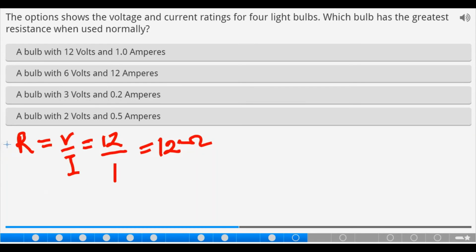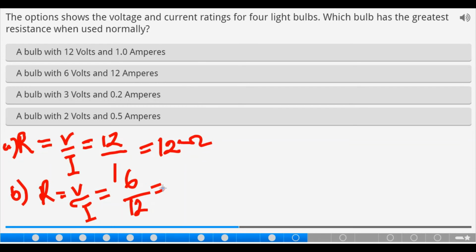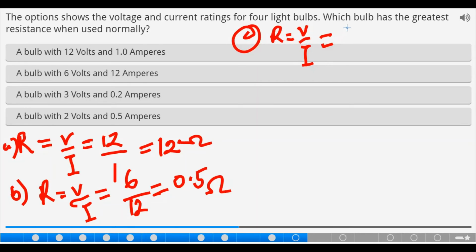Now, for the second one, this is A, this is B. Now, we have R is equal to V over I, and our V is 6, while I is 12. That is 0.5 ohms. That is very, very small. So let's check for option C. We have R, V over I, and that is 3 over 0.2.